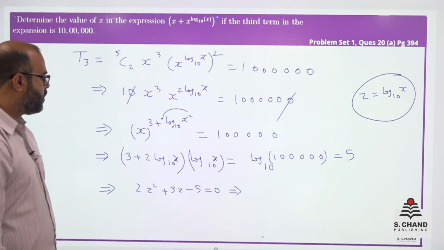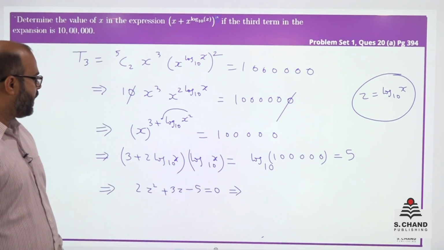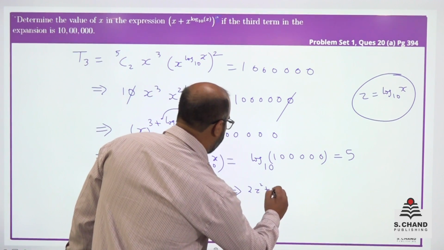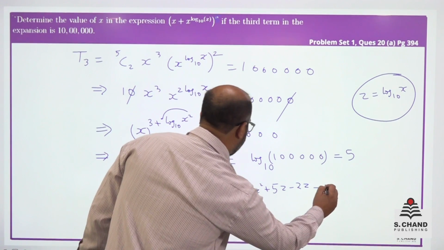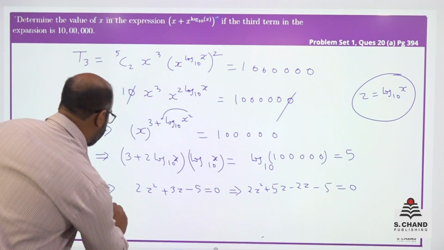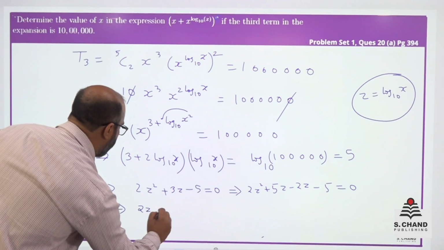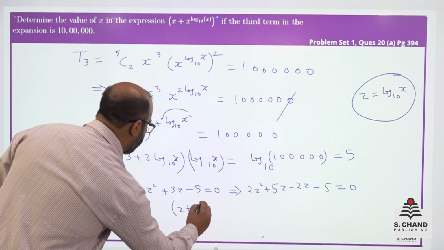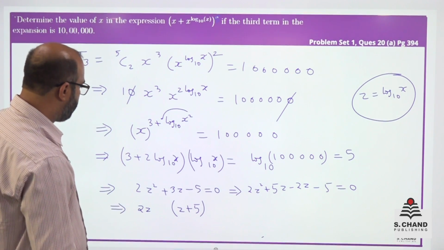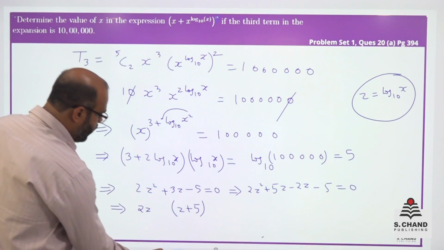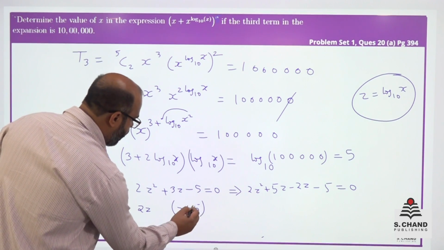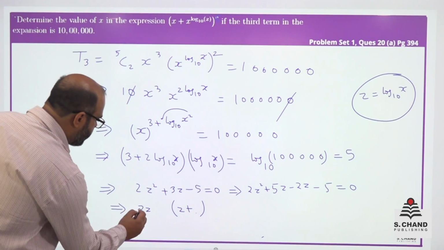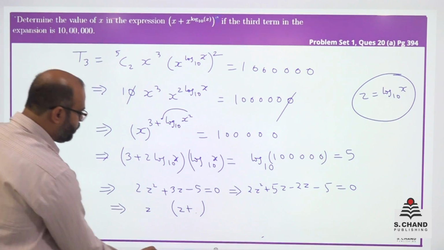Now let us do middle term splitting. So 2 into 5 will be 10. This will also be 5 minus 2. 2z square plus 5z minus 2z minus 5 equal to 0. This implies z is taken as common.